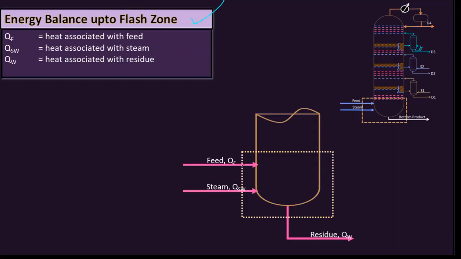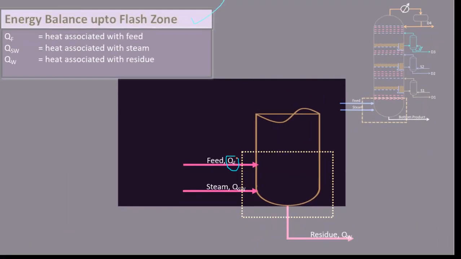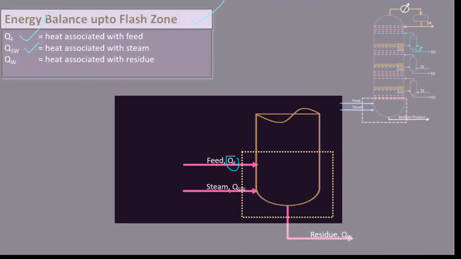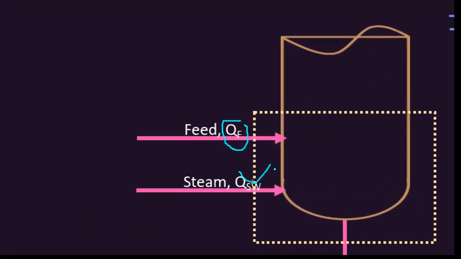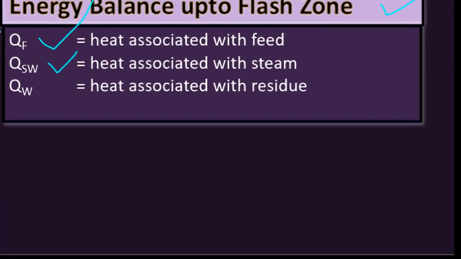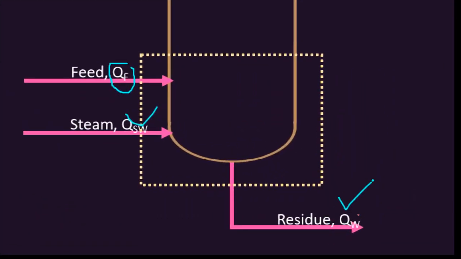For the heat, you have to see carefully: for the feed there is a term QF, which means the heat associated with the feed. Similarly, QSW is the heat associated with the steam. And the third one is QW, the heat associated with the residue. These are the mathematical terms we have to use.